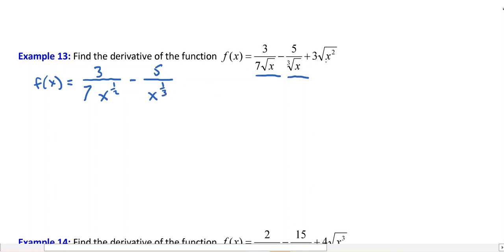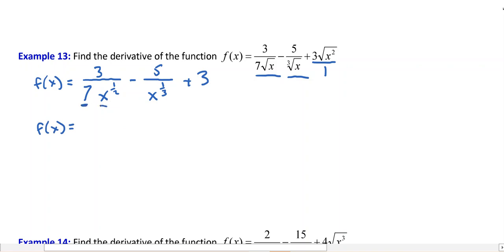And then the third term, everything is in the numerator, but I'm going to rewrite the radical. We have the square root of x squared. Well, that just simplifies to plain old 3. Now, the second part of rewriting this is to bring the variables from the denominator up to the numerator. Now, we do not touch the 7. The 7 stays in the denominator.